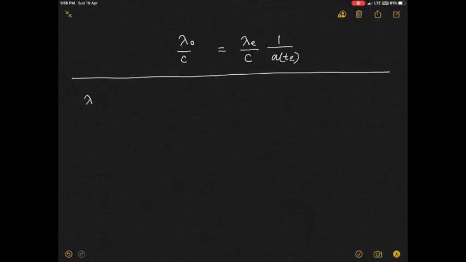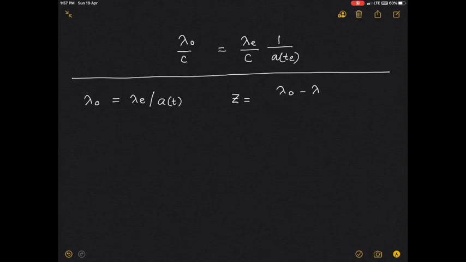Or let me come to the conclusion directly. c I can cancel out, so I get lambda observed equals lambda emitted by a(t). I am just writing a(t) because that is the time at which it was emitted.